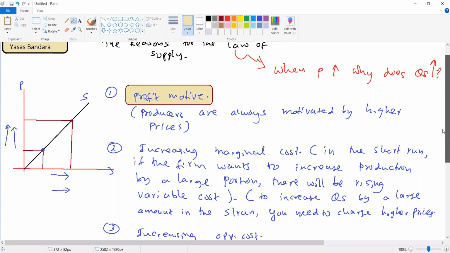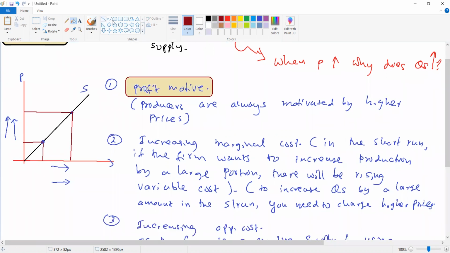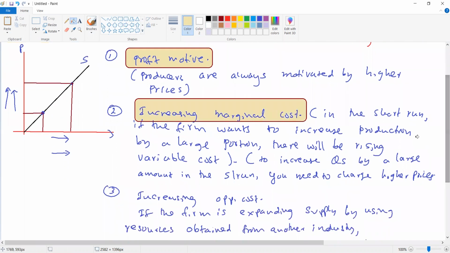What is the second reason? Second reason is increasing marginal cost. Right, in the short run, to increase production suddenly, the producer will face rising marginal cost, rising variable cost. And then there was another reason.